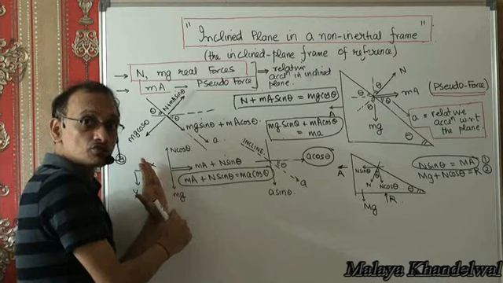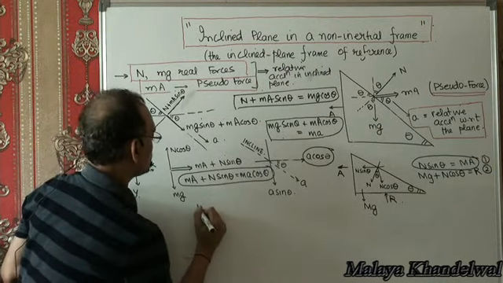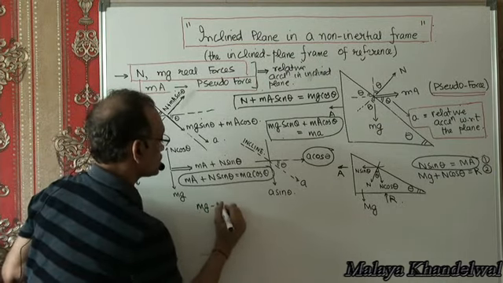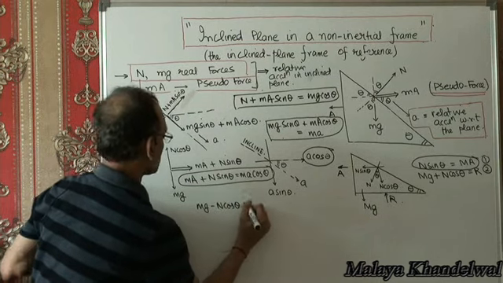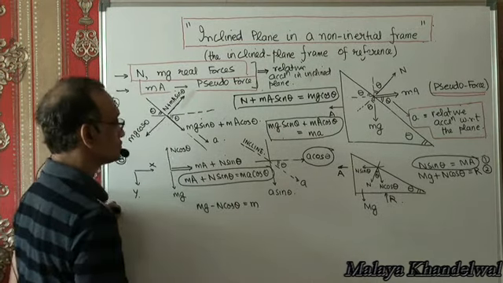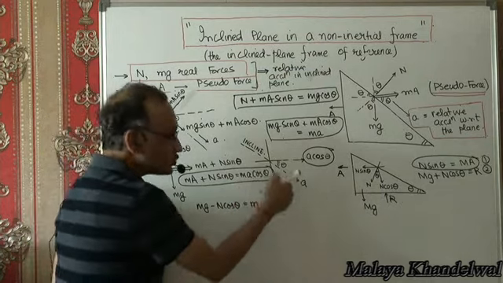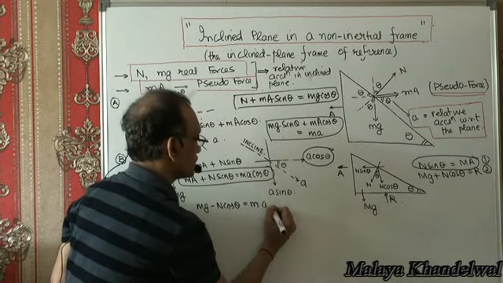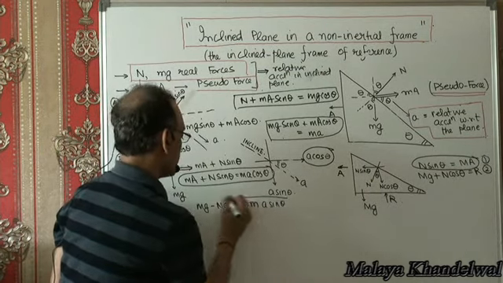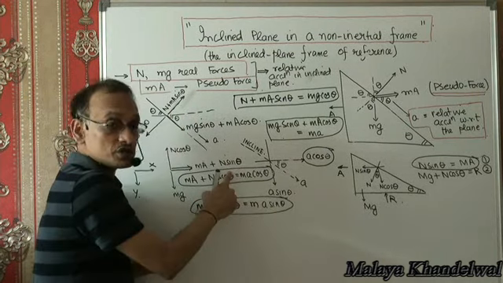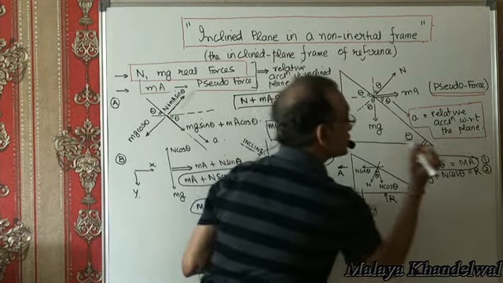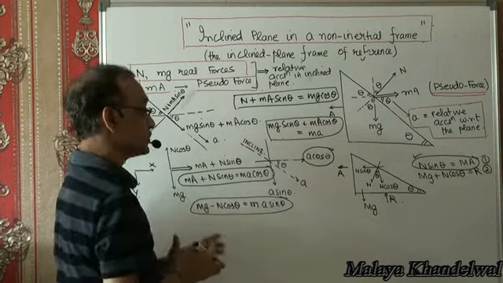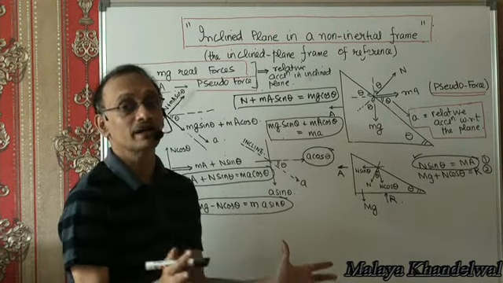In the vertical direction, the equation of motion is mg minus N cos theta equals m times a sin theta. Then I have this equation along with N sin theta equals capital M times A, giving me the values of capital A and small a.